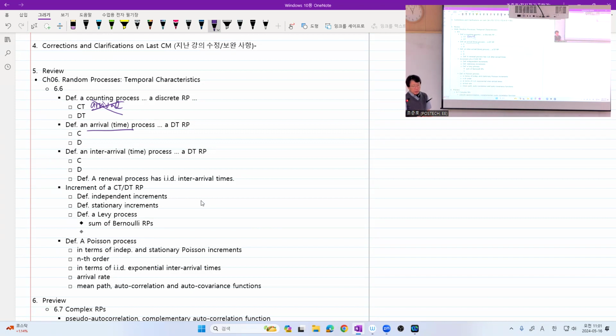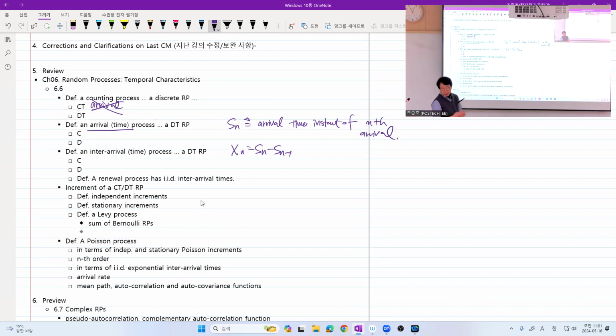So the inter-arrival process can be defined as something like this. If we define this as the arrival time instant of the nth arrival, something like that. And there is an interesting group of inter-arrival random processes that have IID increments.